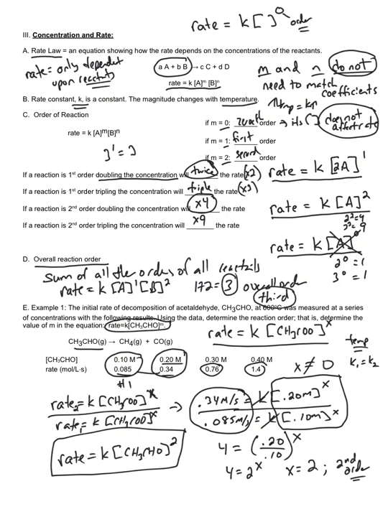Now let's look at a problem where we have two reactants. So here we have a chemical reaction. And now because there's two reactants, what we'll notice is that between the different experimental trials, we will change the concentration of one of the substances, but the other one must be held constant.